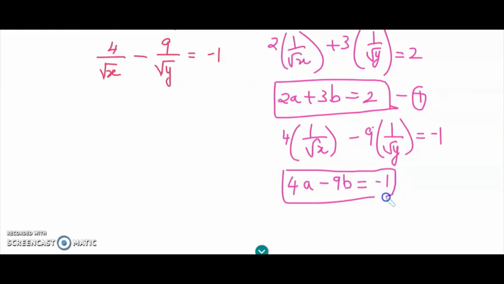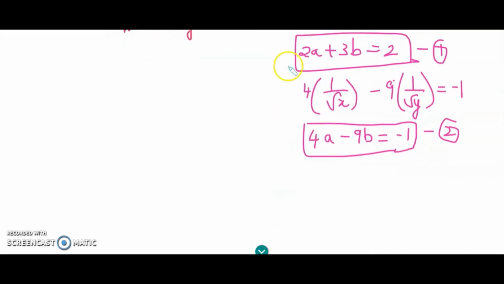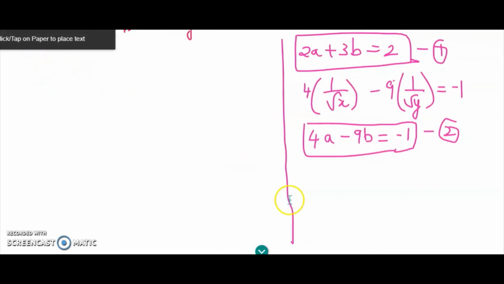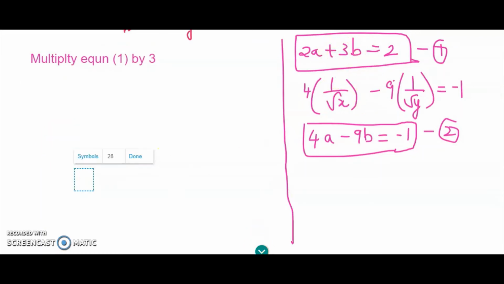Now, which variable do you want to work out? I think I'll go for b, because 9b and 3b, it's easier, and there's a plus and a minus. So let's do that. I'll multiply equation 1 by 3, because 3 times 3 is going to be 9.